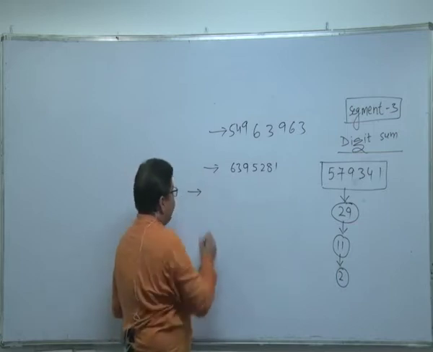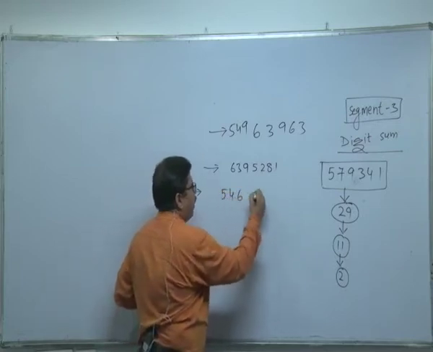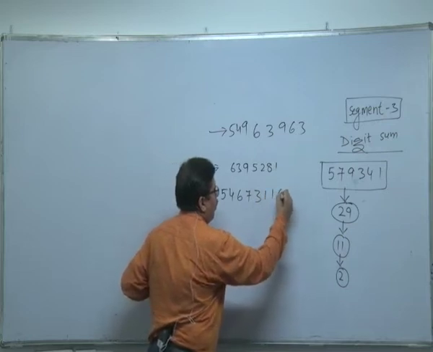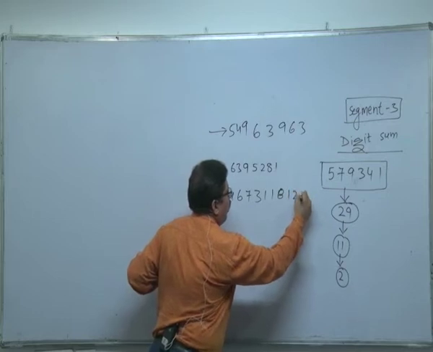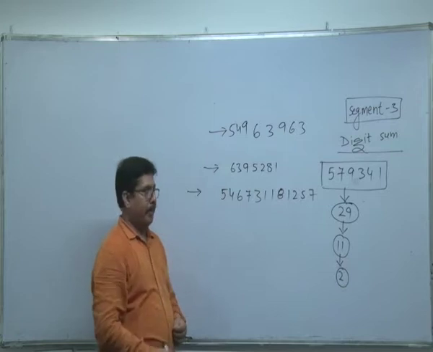For example, suppose you want to calculate the digit sum of number 5, 4, 6, 7, 3, 1, 1, 8, 1, 2, 5, 7. Find the digit sum of this number. This is a very big number.